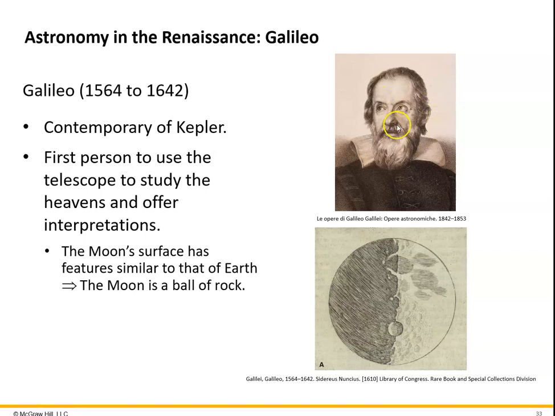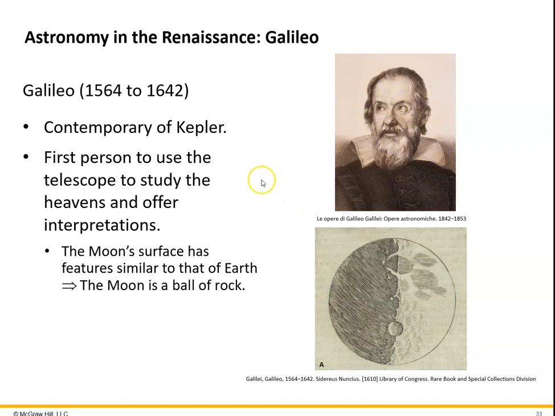So he doesn't invent the telescope, but what he does is almost as amazing. He hears about this device with two lenses that can magnify the image of objects. Just from word on the street, as it were, he builds his own telescope.